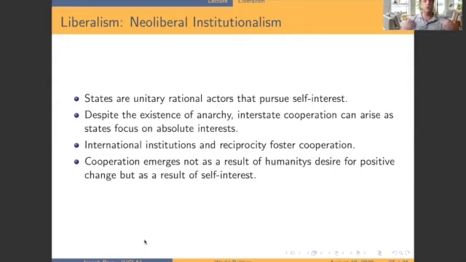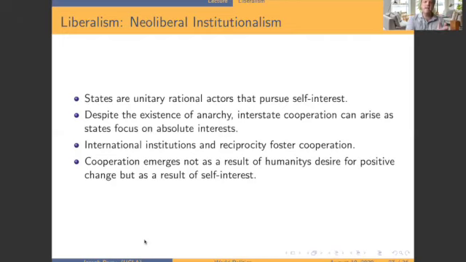Similar to the way in which Connor and Gavin are better off with a judge who can issue rulings. States that voluntarily join an international institution are better off, even though they've given up some of their sovereignty, because the benefits of cheating are mitigated.